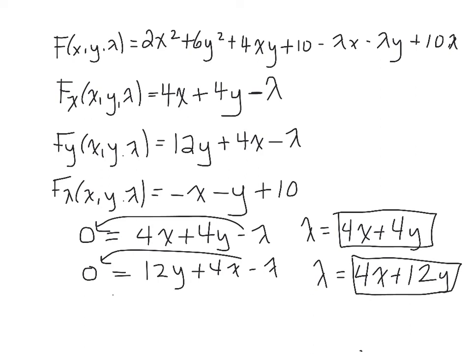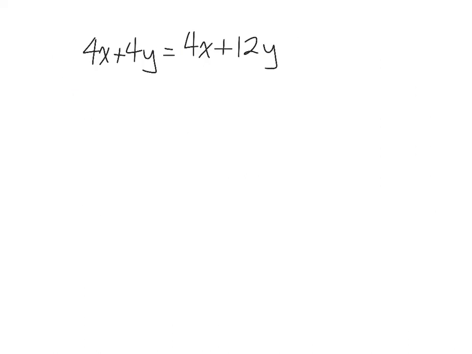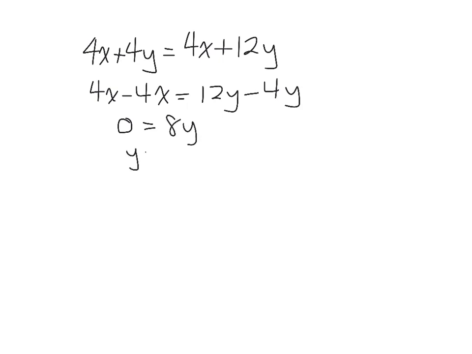So we have 4x plus 4y equal to 4x plus 12y. Here we just follow the math and solve for the variables. So we have 4x minus 4x on this side, and we have 12y minus 4y on this side. 0 equals 8y, so y equals 0.